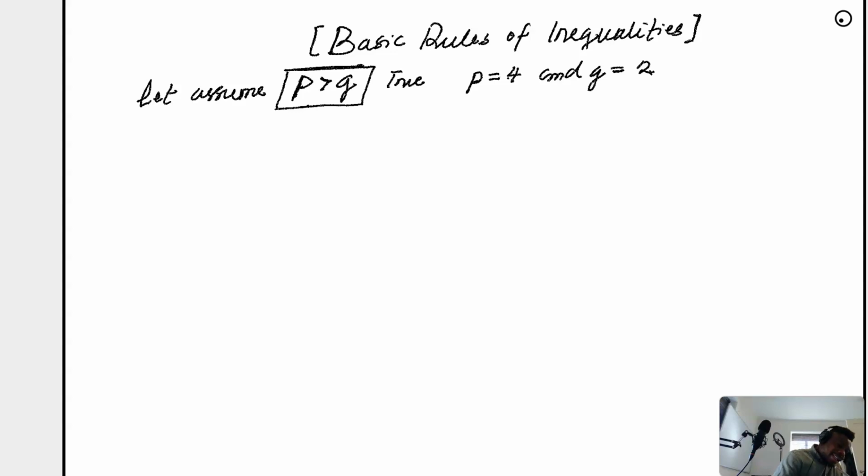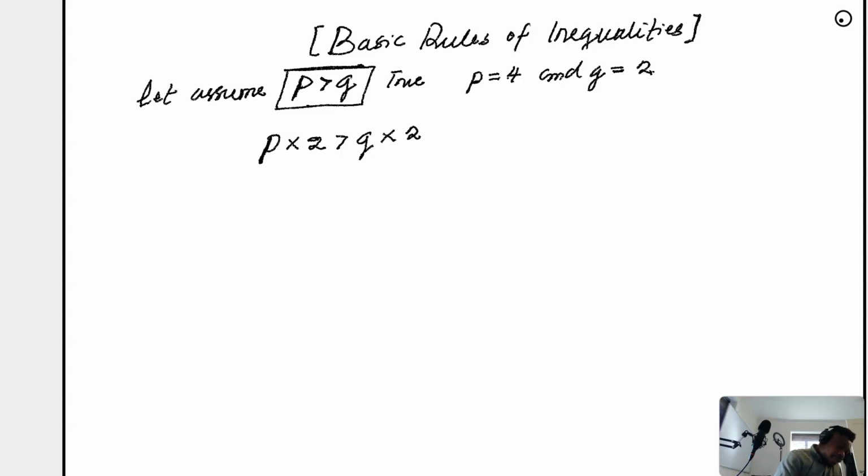So now let us multiply both sides of the inequality by a positive value or positive quantity. So if I multiply P by plus 2, or plus 2 is still the same thing as 2. If I multiply this side by 2 and this side by 2, what is P?